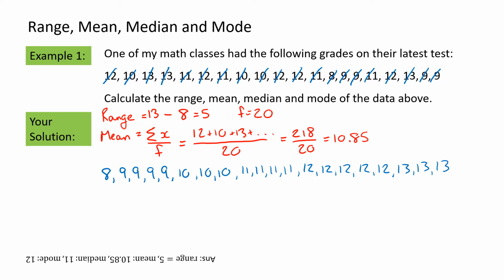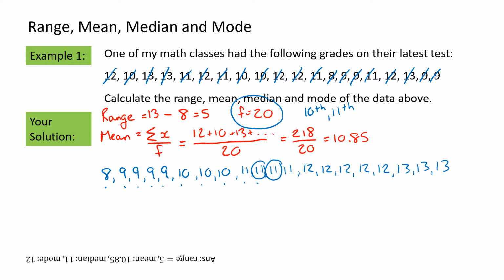Okay, so the median, we have 20 values. So that's an even number, meaning we don't have a value that's dead center. We have the two values closest to that, which would be the 10th and the 11th values. Okay, so if we count that, 1, 2, 3, 4, 5, 6, 7, 8, 9, 10, we get to 11, and the 11th value is also 11.